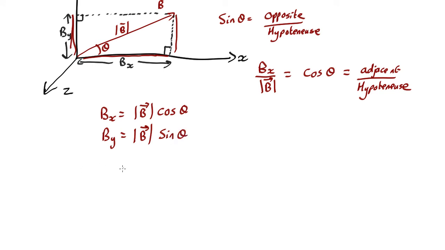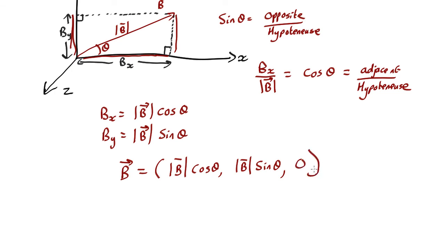So all in all, the vector B is mod B cos theta, mod B sine theta, and it's got no component along z, so that's just 0.